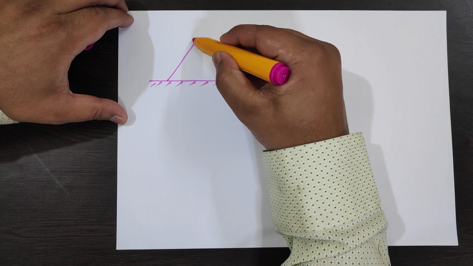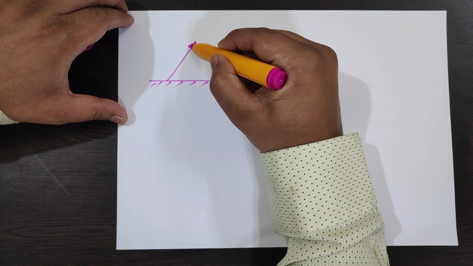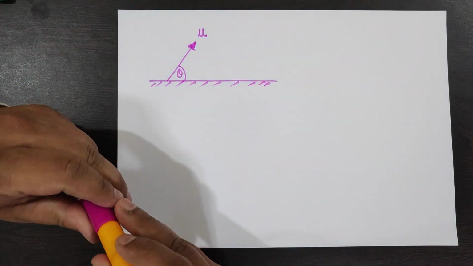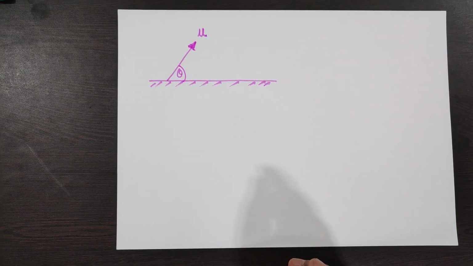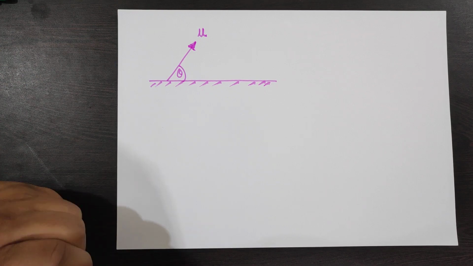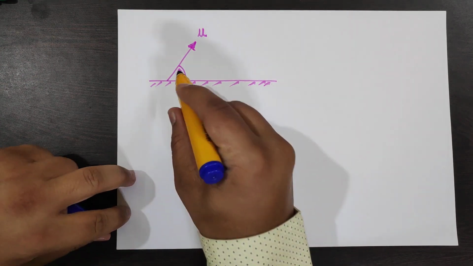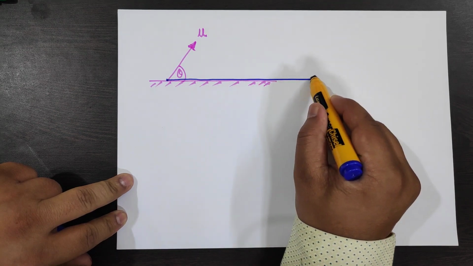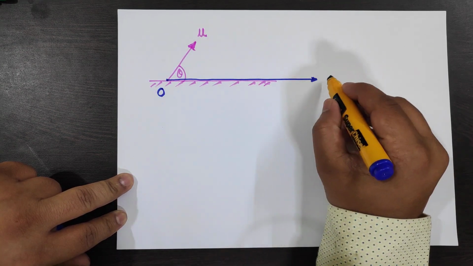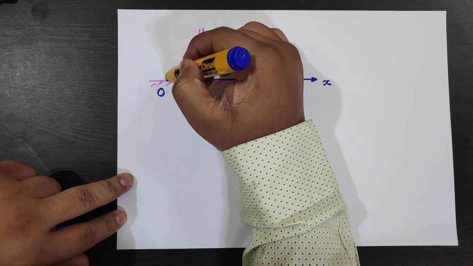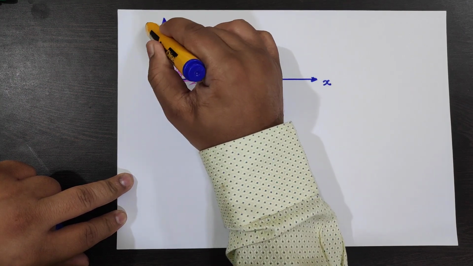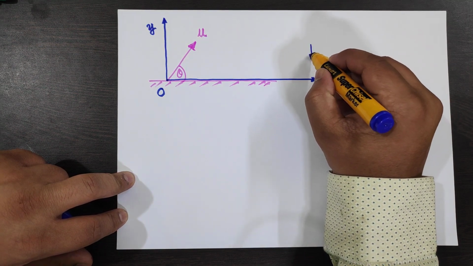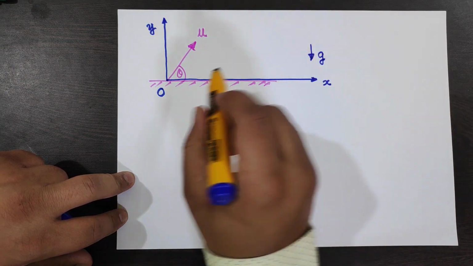Particle is thrown, making angle theta with the ground at velocity u. Now our first job is to choose the coordinate system. So we'll choose the coordinate system like this. Origin is here, and that's the x-axis, and this is the y-axis, and this is acceleration due to gravity g.